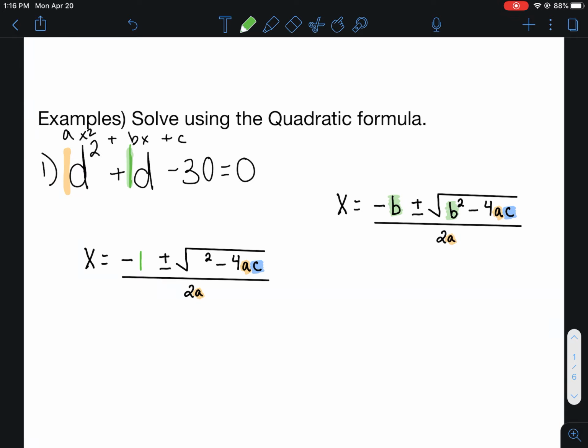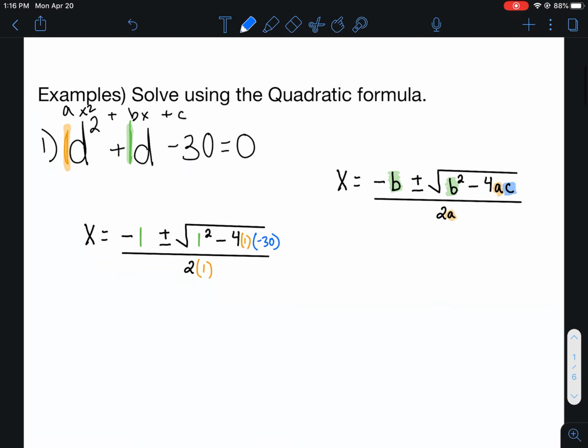I know that my b is 1 because that is what it says right here. Now I'm going to remove my a value and plug in 1 for a as well. And the last thing I'm going to do is replace my c with my c value, which in this case is negative 30.